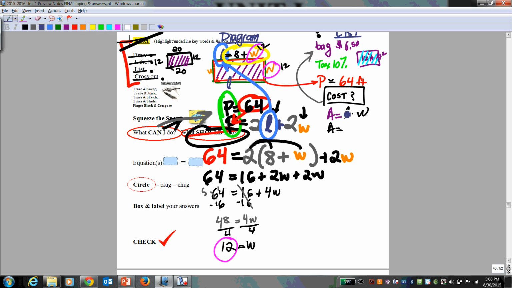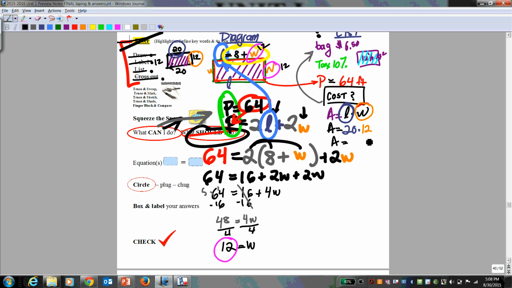So let's circle, plug, chug. Circle length, circle it. Get your pencil on the paper, actually circle it. This helps your eyeballs pick up the right stuff. Come up here, circle the length, and plug it in. Ready? Circle the W, physically come up, circle the 12, physically come back and write out the 12.